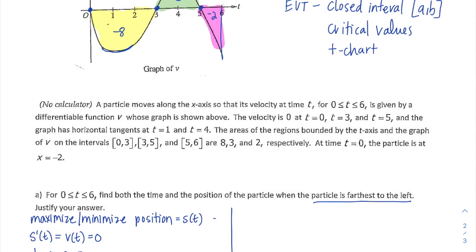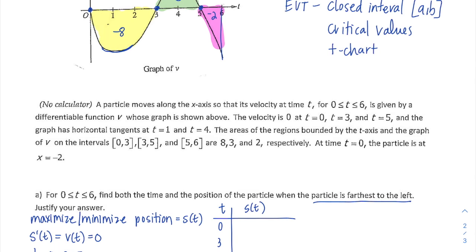My t-chart is going to have my critical values and endpoints, so 0, 3, 5, and 6, because EVT says if it's continuous and it's a closed interval, then your extreme values could be at the endpoints or somewhere where there's a critical value inside the interval. And then what I'm going to check is position.